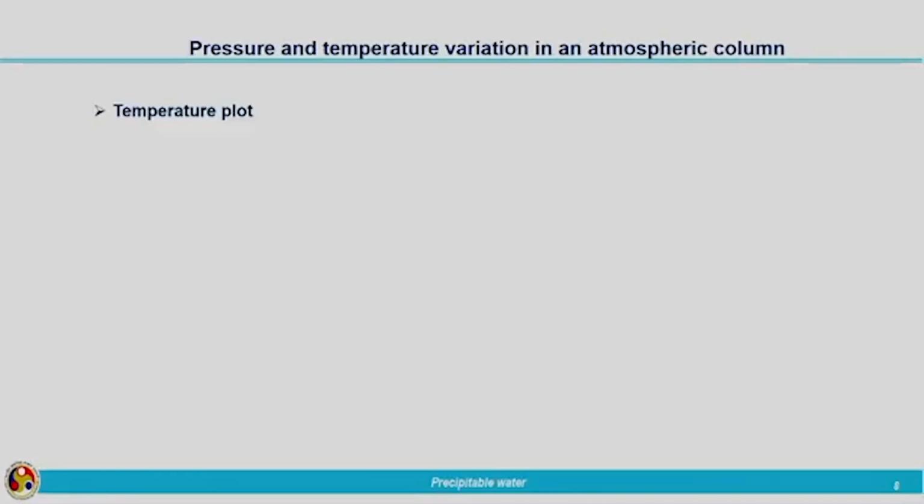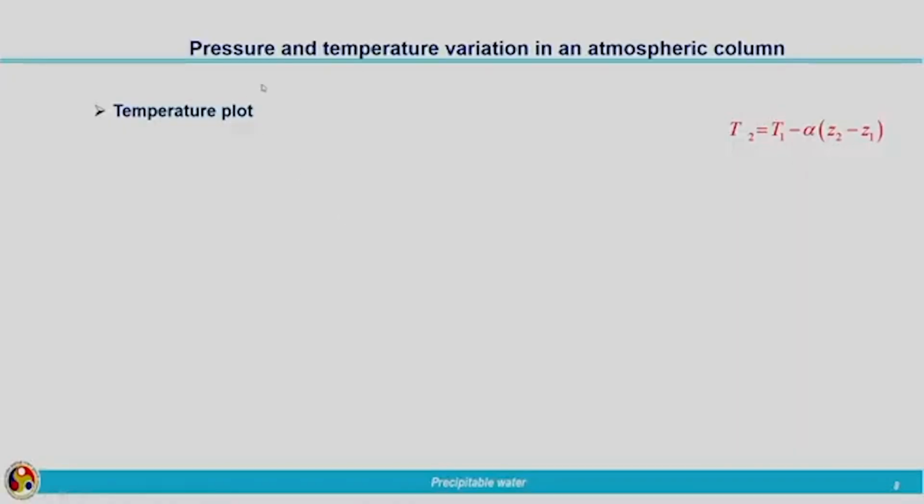Now, we are going to see the schematic representation of this temperature and pressure variation as we go to higher altitudes. Our relationship for T2 and T1: T2 is equal to T1 minus alpha times Z2 minus Z1. You can see T2 is T1 minus some quantity. So, definitely the temperature at a higher altitude will be lesser than T1.